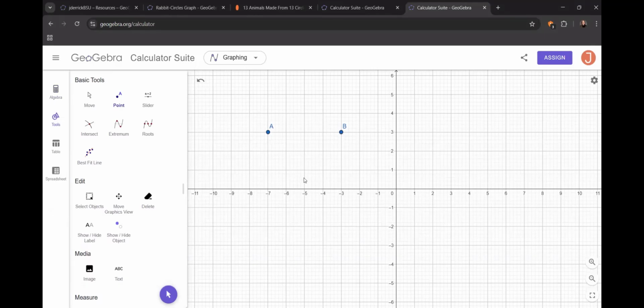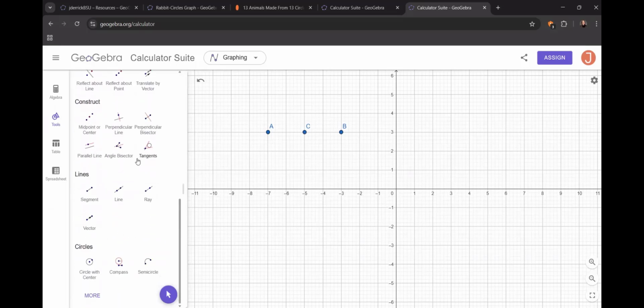If I want to make a circle that goes through both of these points, one way I could do that is figure out, okay, what is a point that's equal distance from both of these points already? So for example, I could put a point right here and make that the center of my circle.